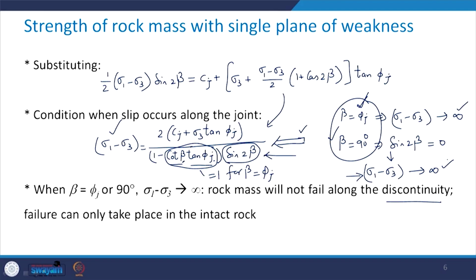So, the failure can take place only in the intact rock. It is not that if intact rock as well as discontinuities are there in the rock mass, then the rock mass will always fail along the discontinuity. It will also depend upon the orientation of that discontinuity.